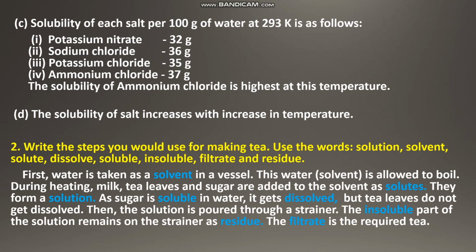As sugar is soluble in water, it gets dissolved, but tea leaves do not get dissolved because tea leaves are insoluble in water. Then the solution is poured through a strainer. The insoluble part of the solution remains on the strainer as residue. The filtrate is the required tea. So this answer, based on your method of preparation, the answer may vary.